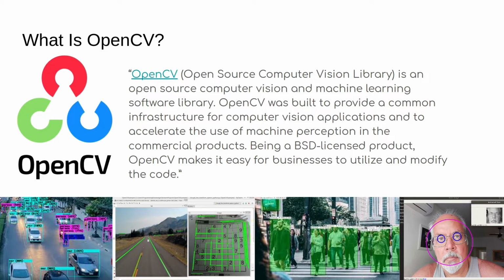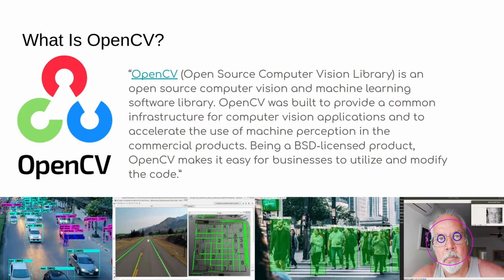Have you ever seen pictures like this? They're really cool. You know, the little rectangles that follow around the eyeballs and recognize things in your pictures. That's what OpenCV does. Open Computer Vision Library. So this is a library of software. It's not really an application on its own.